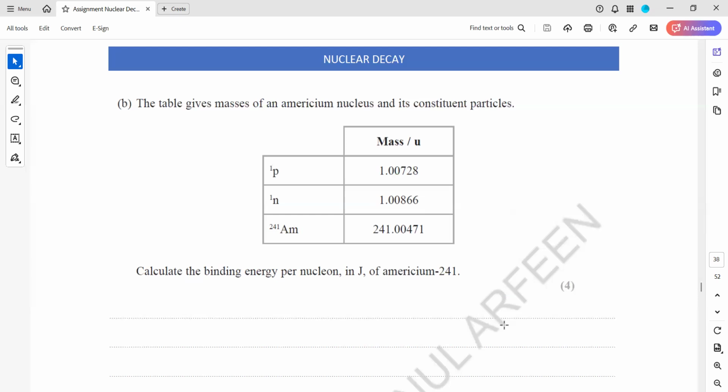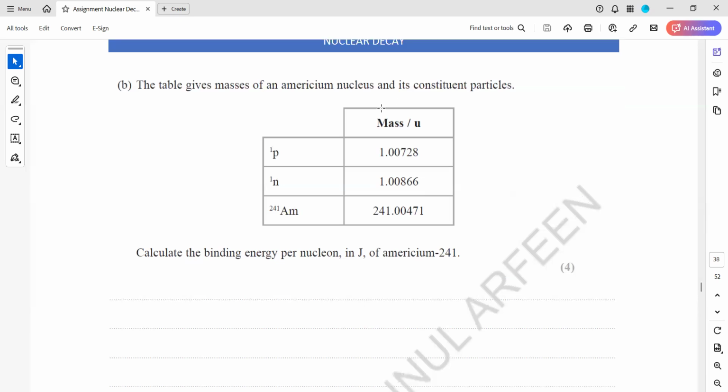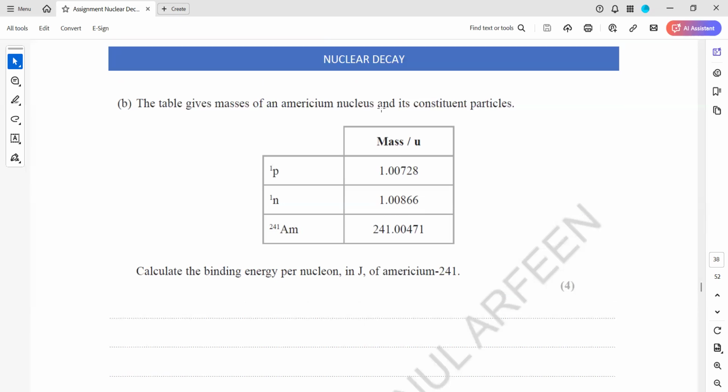Or you can first find the mass defect in U and then convert, because 1 U is 1.66 × 10^-27 kg, which is about the mass of a proton or a neutron. So first we'll find the mass defect.